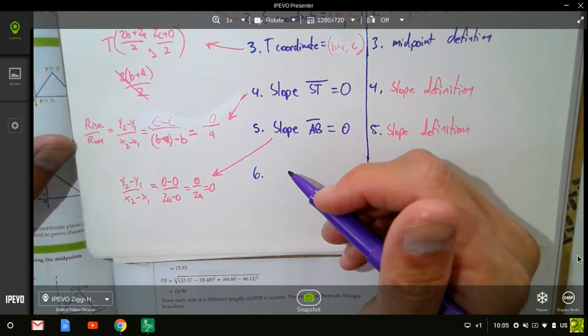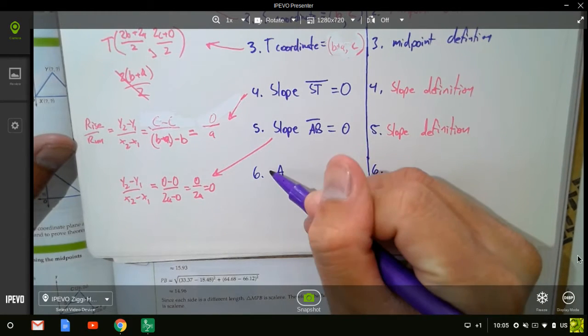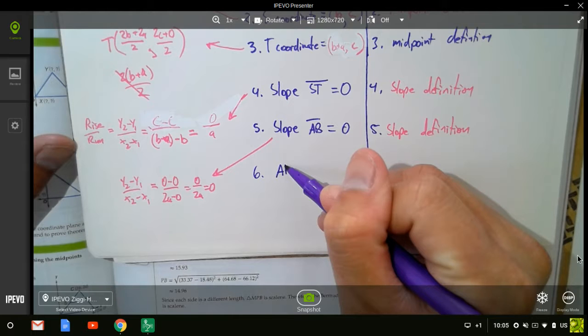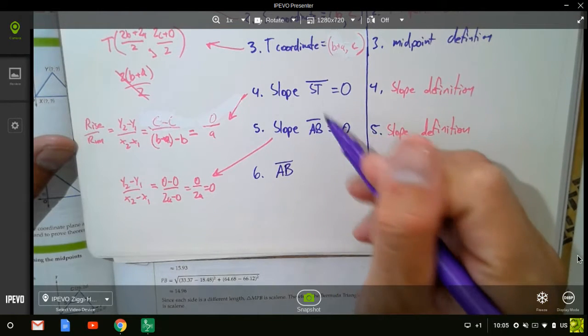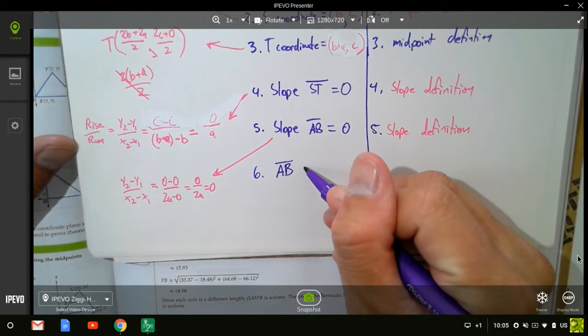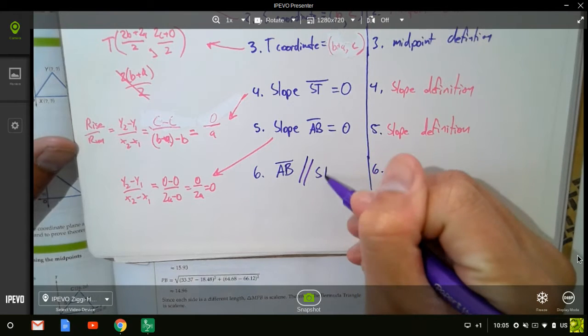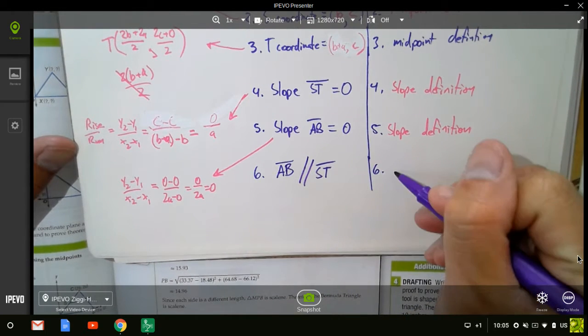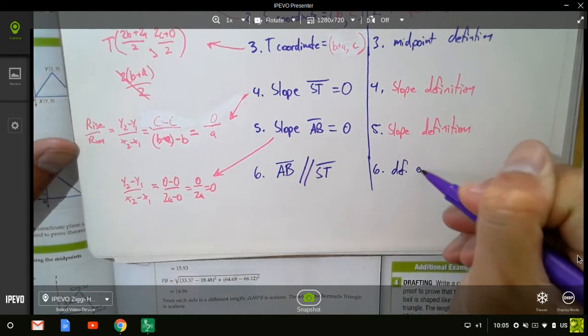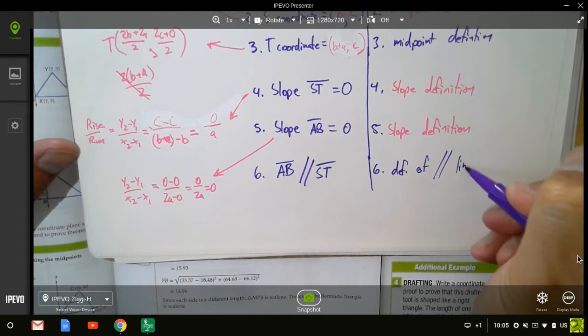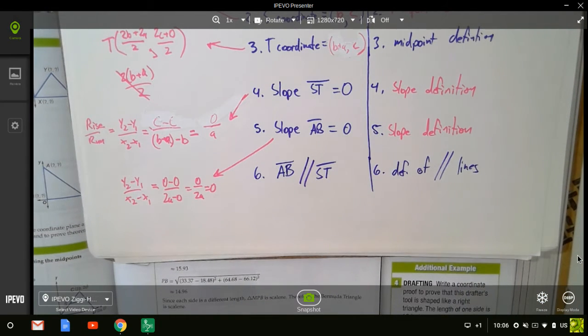Sorry, it is equal, but we can actually skip right ahead to the conclusion and just say that because these are equal, you can see them, we will say that they are parallel. The line segments are parallel. And that is literally the definition of parallel lines. And that is your proof for proving this with coordinates now.